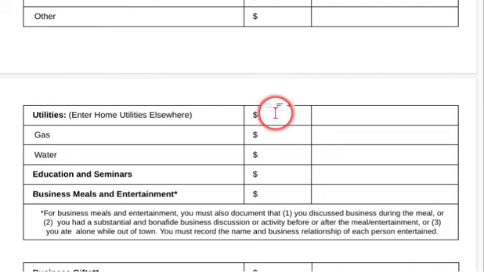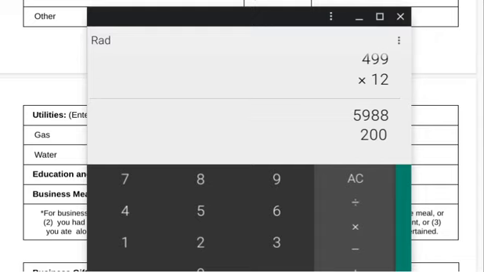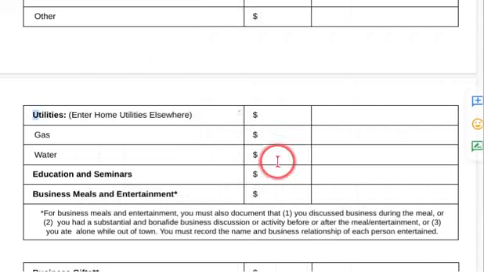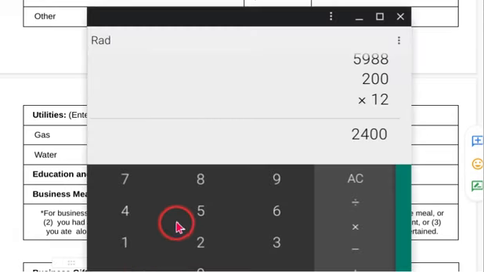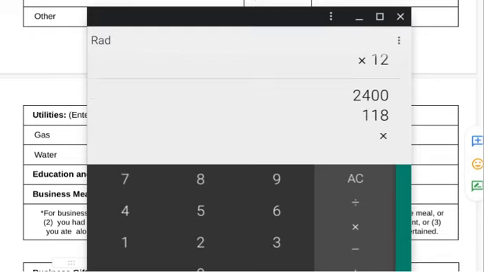So the total amount of utilities that you spend for the year. So I didn't know, we pay $200 a month for your electric times 12 months. That's $2,400 for the electric, and you can put that. For the gas, $200 per month, and water, it runs 118, and we're doing that times 12 months.